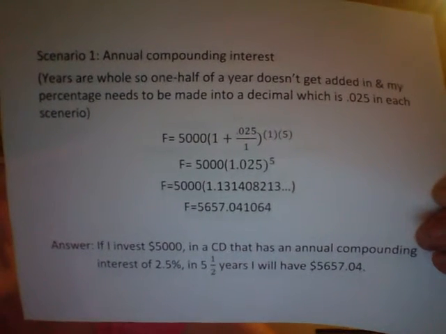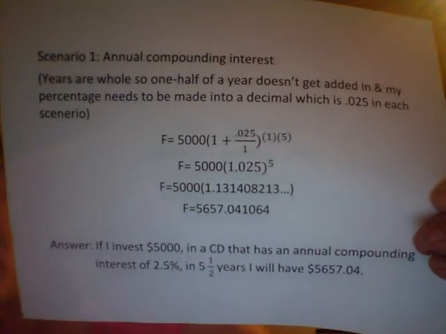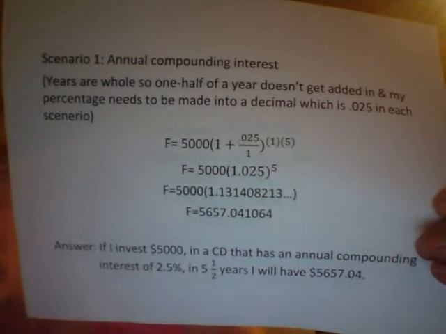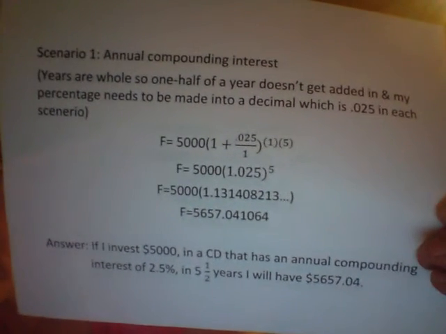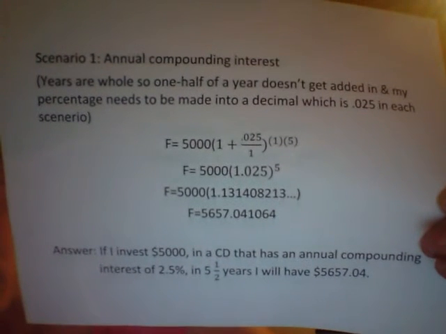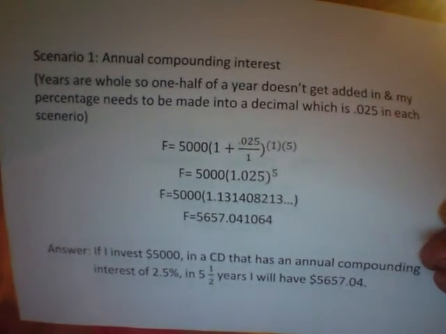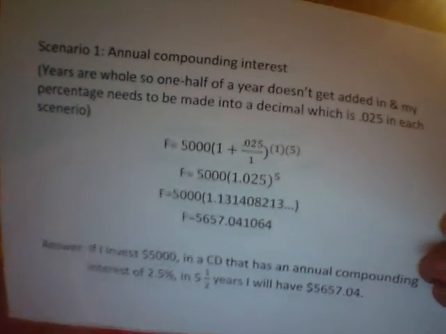So you take 5,000 times that, and what you end up with is F equals 5,657.041064, and on. So the answer is, if I invest $5,000 in a CD that has an annual compounding interest of 2.5%, in 5.5 years, I will have $5,657.04.